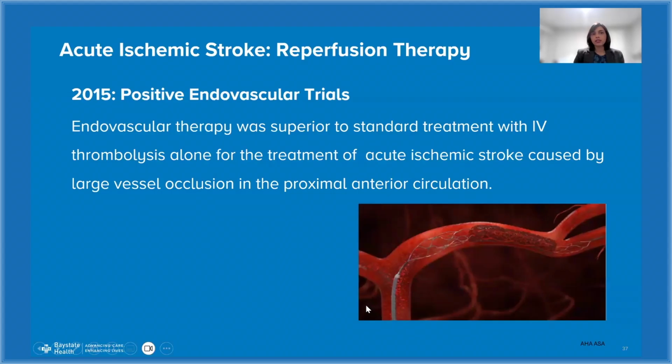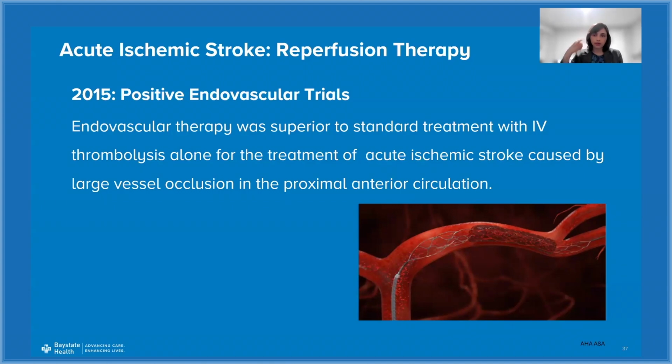So again, as we discussed, the trials proved that endovascular therapy was superior compared to IV thrombolysis alone. And the trials were specifically looking at large vessel occlusion in the proximal anterior circulation. And that means the vessels involving the carotid artery and the middle cerebral artery, which are the vessels in the front.